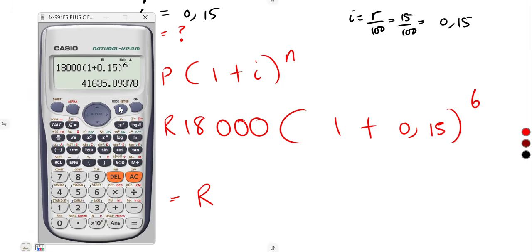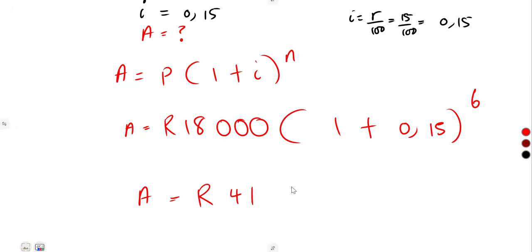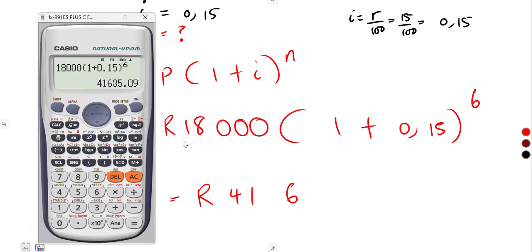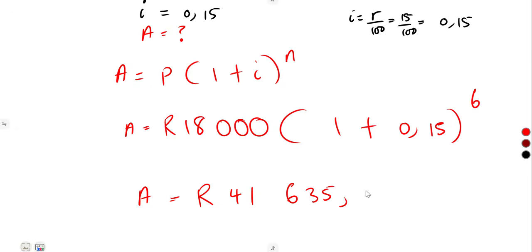So this is what you're going to have. And you must round off to 2 decimal places. Shift, set up, fix, you press 2. So that's 41,635,09 to 2 decimal places. So that is our accumulated amount at the end of the day.